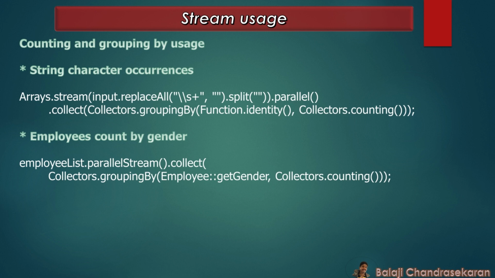It then counts the occurrences of each gender using the counting method of the downstream collector. This produces a map where the keys are the gender of the employees and the values are the count of employees in each gender. Overall, this code snippet groups the employees by their gender in parallel and counts the number of employees in each gender, resulting in a map of employee genders as keys and their respective counts as values.